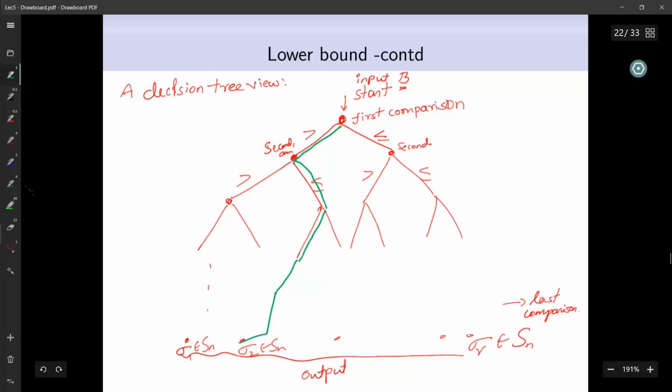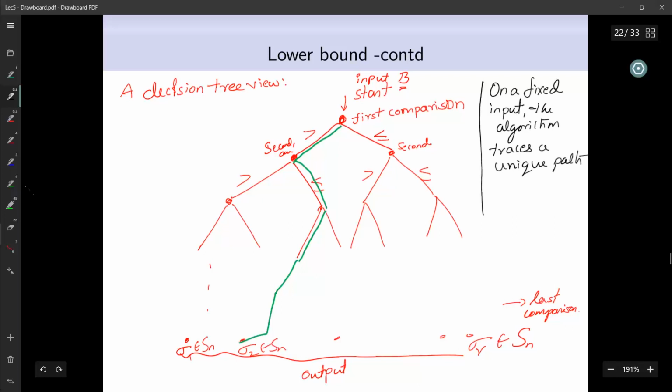So it will reach here. I'll write it down here. On a fixed input, the algorithm traces a unique path in the tree.